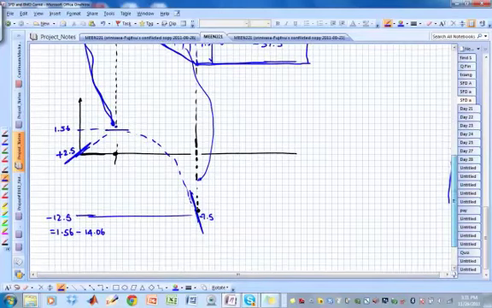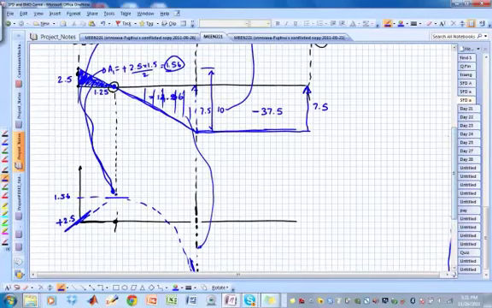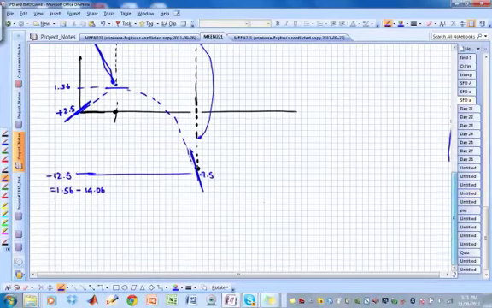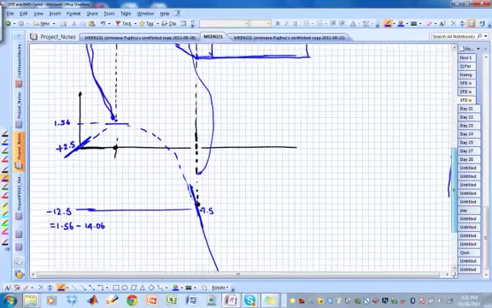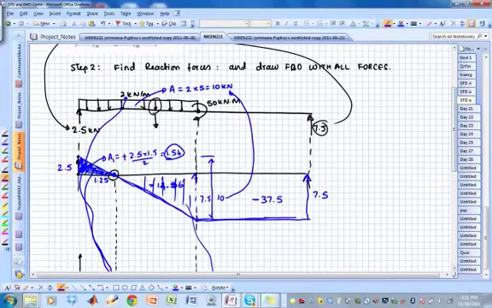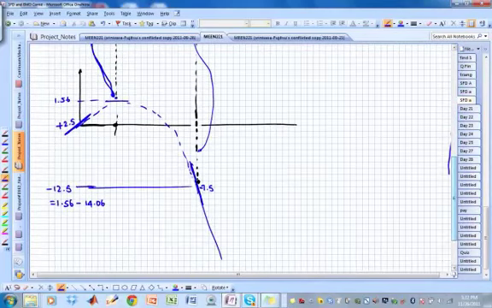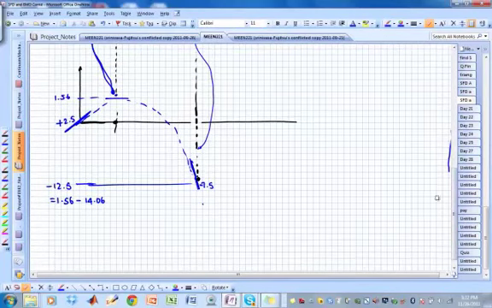Now comes the interesting part. If I try to complete this by saying, okay, from here on, the slope is minus 7.5, and you go like this, that would be wrong. Why is that wrong? Because you forgot this concentrated load. So what this concentrated load is going to do is jump this up by 50.